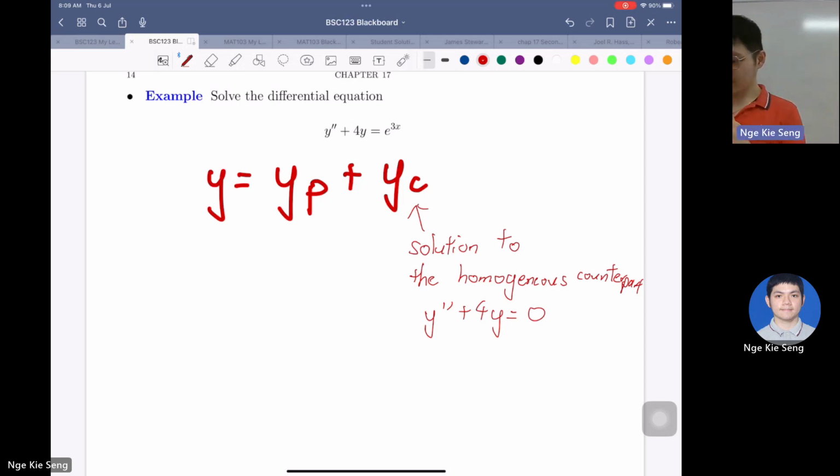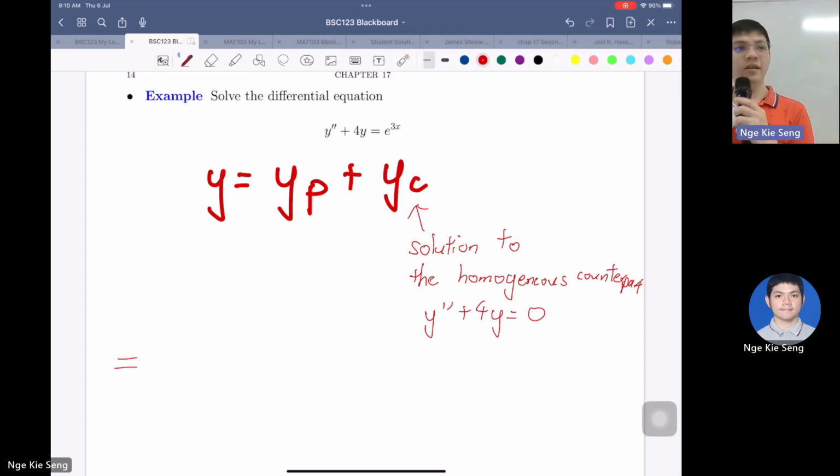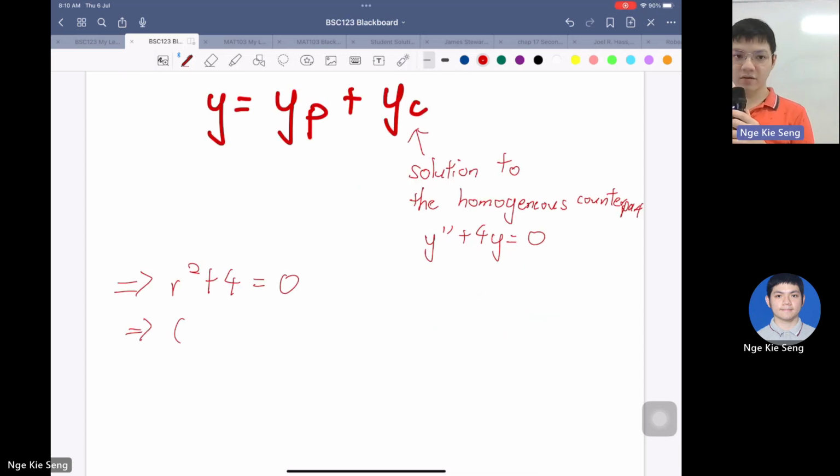You need to turn it into a characteristic equation. What's the characteristic equation for this? How many roots do you have? R minus 2 and R. Wait, let me check.